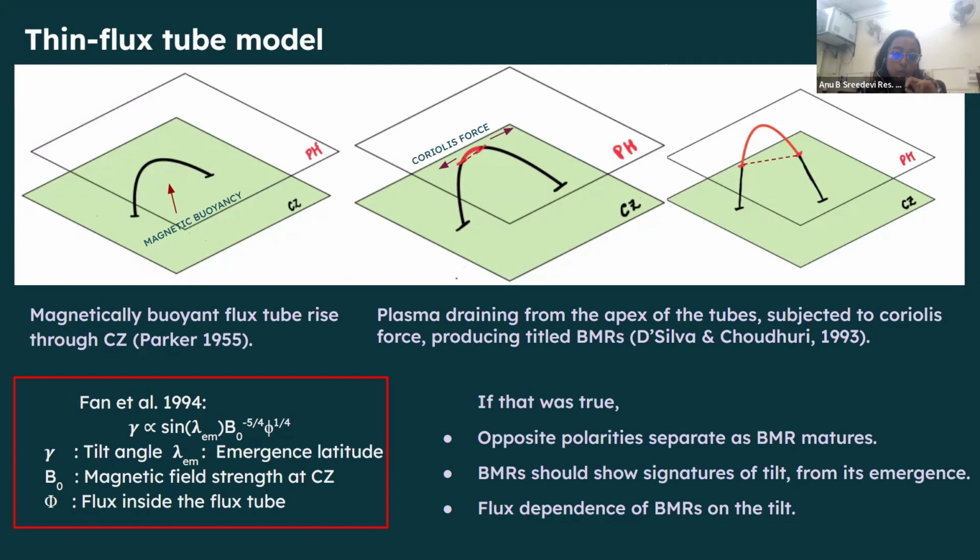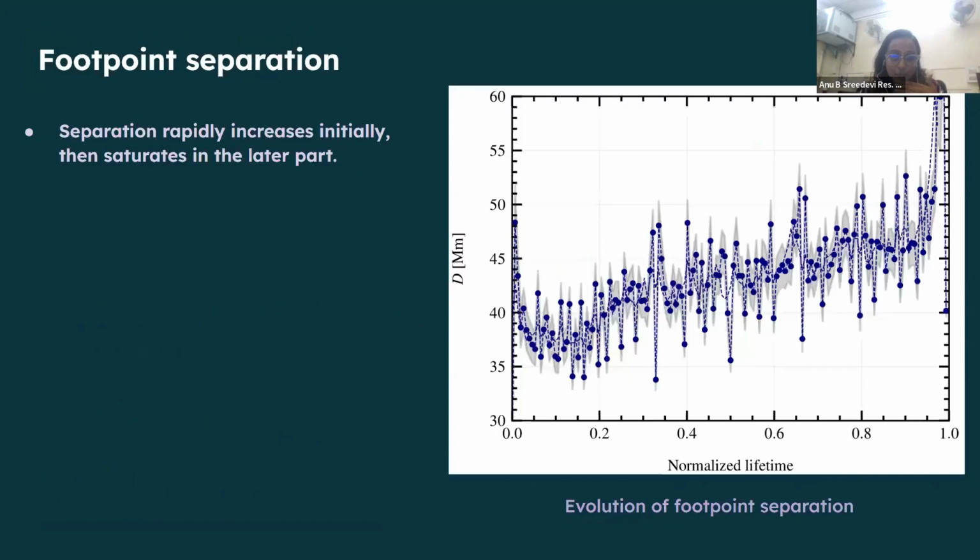So this is a bit sensitive part of the analysis, so let's see how it goes. Moving to the first observation, that is foot point separation. What I did is I collected all the lifetime BMRs.